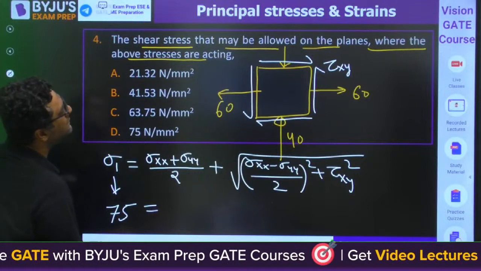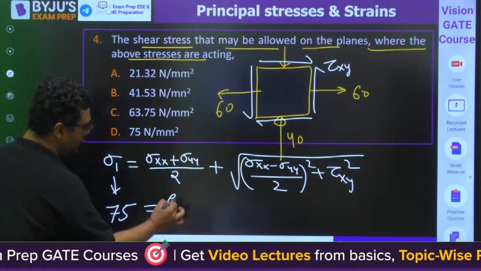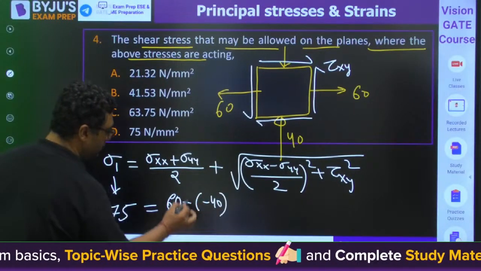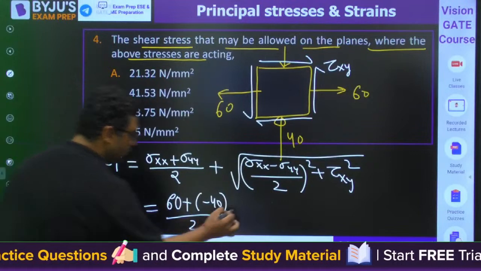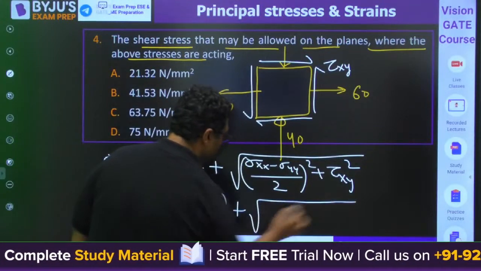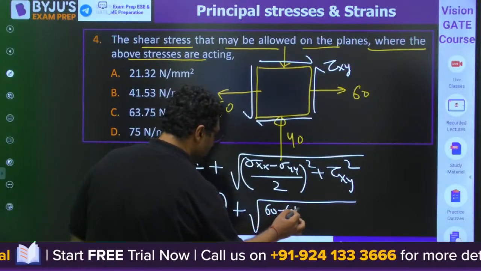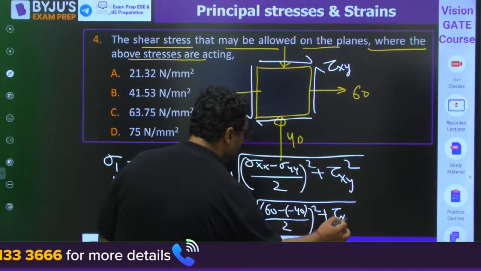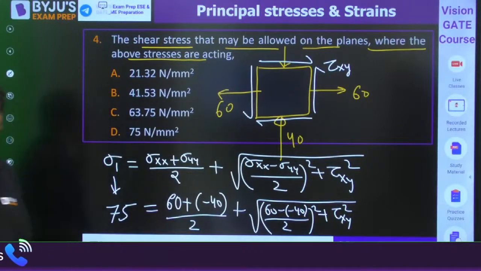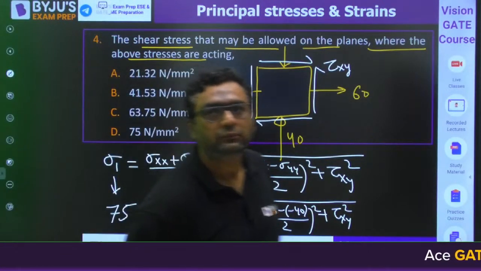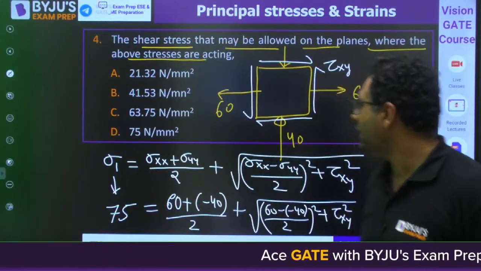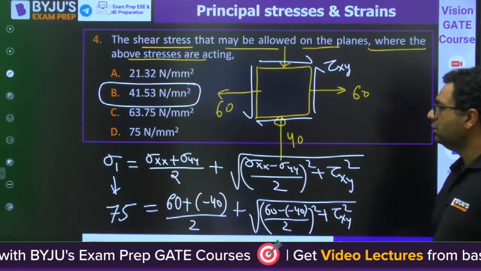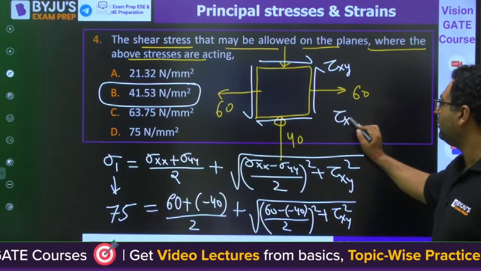Sigma xx is 60. Sigma yy is minus 40. Solve it and give the answer to me, guys. Are we getting B? Yes, B is correct. So tau xy will be.